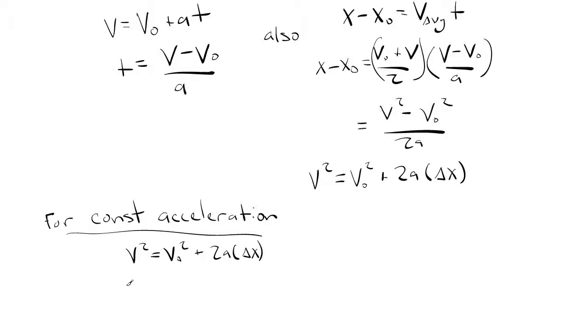Another one of the equations that we've seen: v is equal to v naught plus acceleration times time. The one we just derived a minute ago is x, the position, is equal to x naught plus v naught times time plus 1/2 at squared.